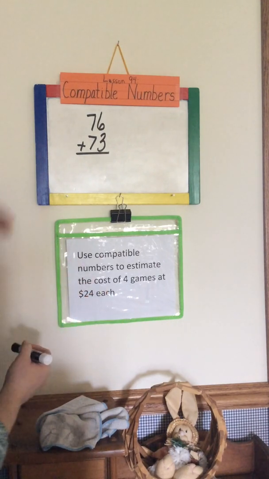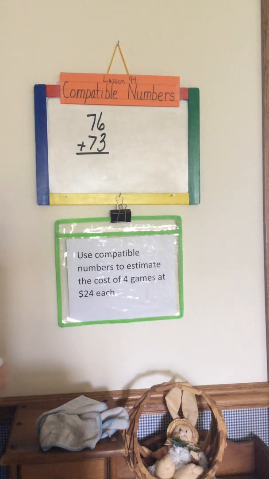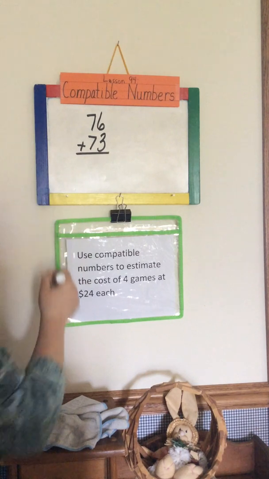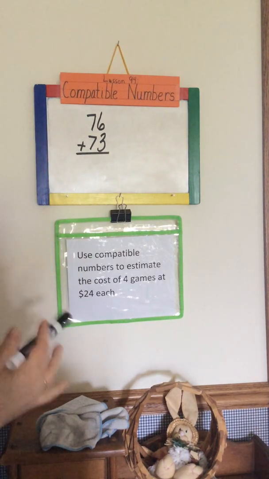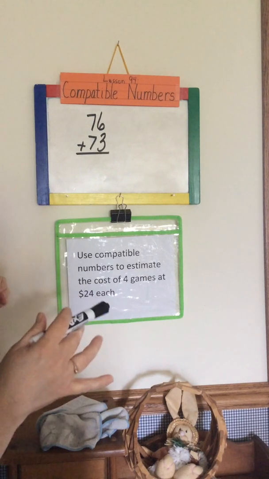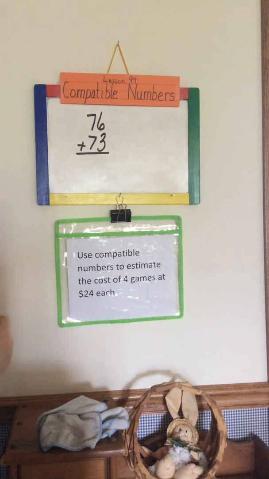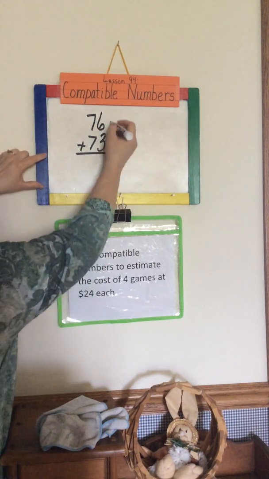And so today we're going to think about that because the numbers that we have right now are 76 and 73. And when we look at that, well, we could do 80 and 70, but it makes much more sense because our numbers, when they go to the closest 25, are also very easy to add and subtract. So let's do that today.